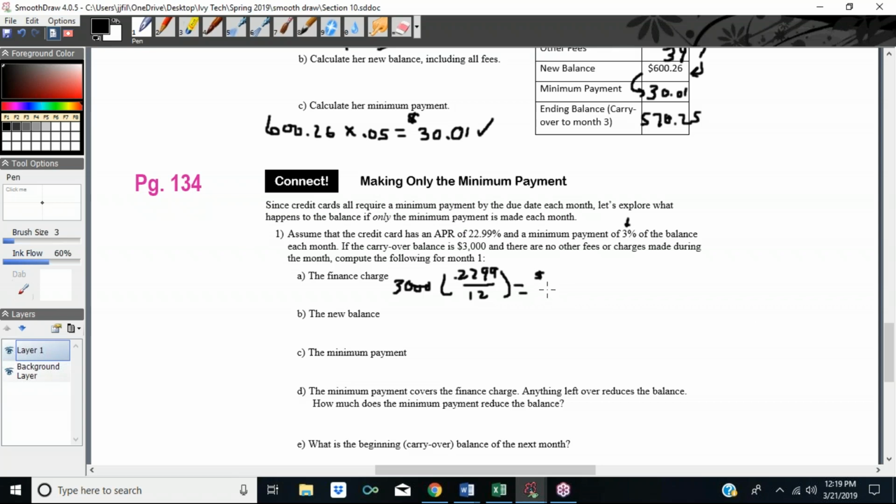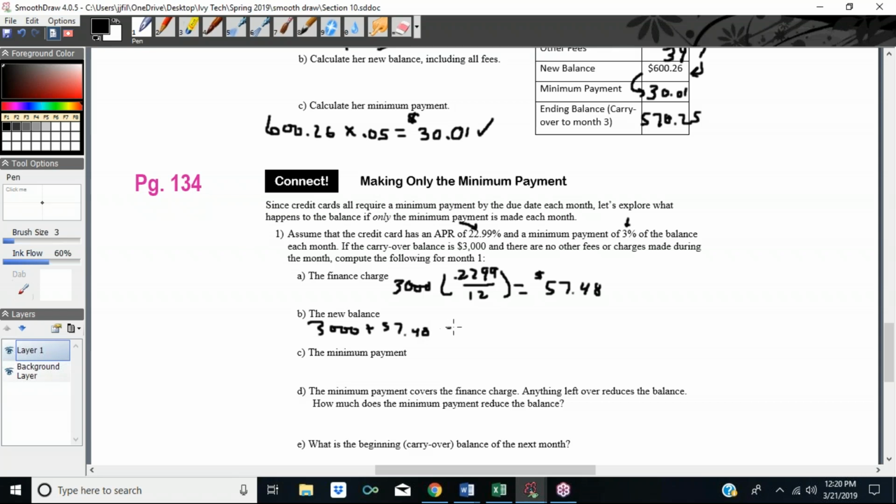Well, we're on the 22.99%, so make sure you do 0.2299. And I think it is 57.48. And then it wants the new balance. So it's going to be 3,000 plus 57.48.